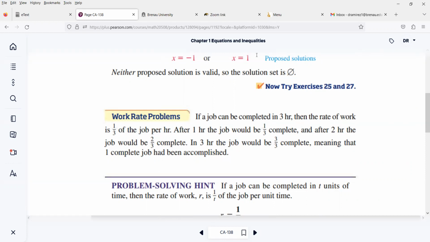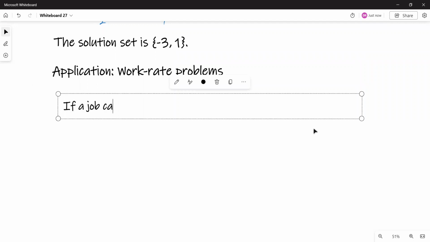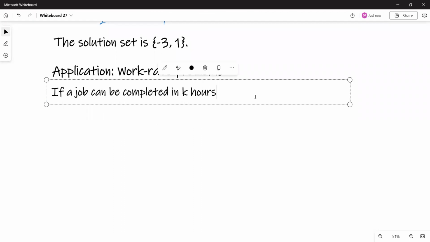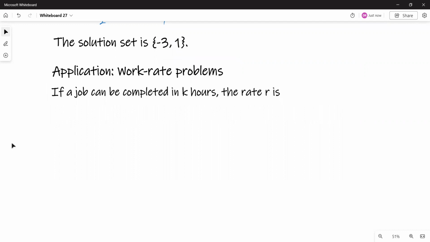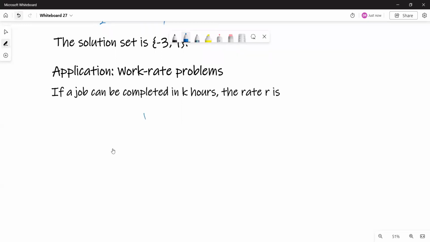Okay, so if you know that a job can be completed in k hours, the rate R is 1/k, and that would be per hour.